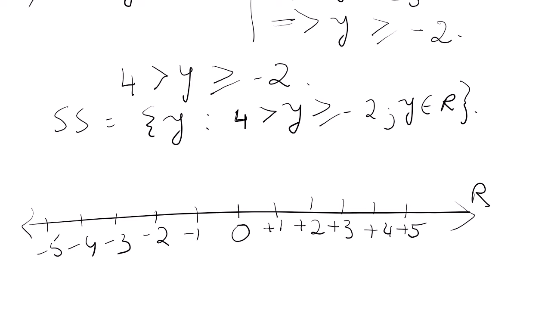Now at minus 2, y is greater than or equal to minus 2, so it will be a solid lollipop. And 4 has no equality sign, so a hollow lollipop.